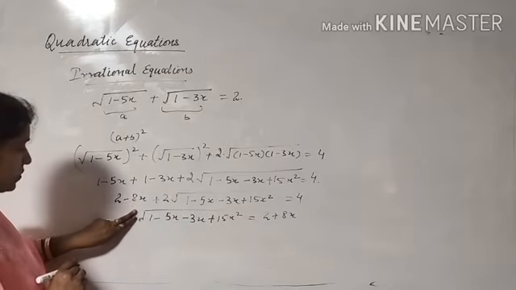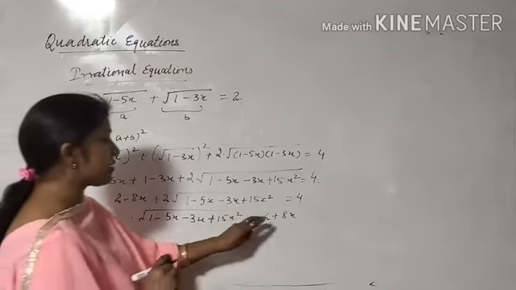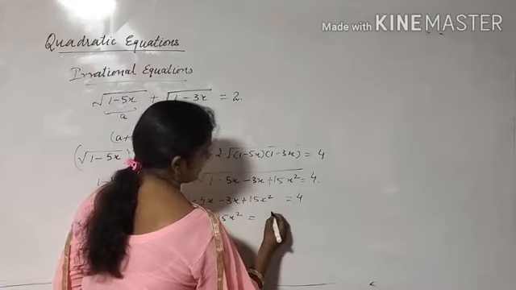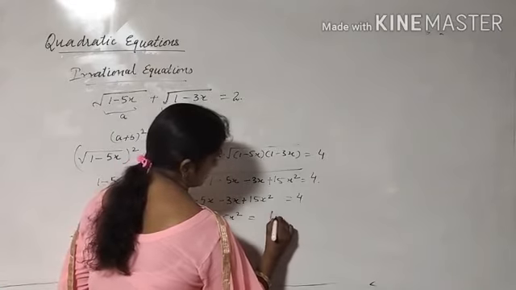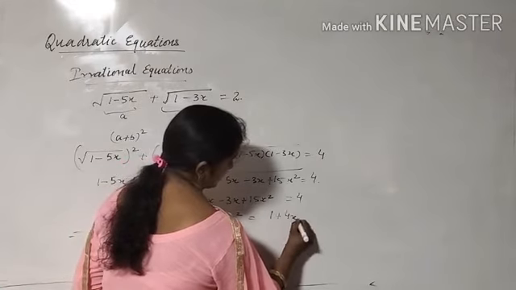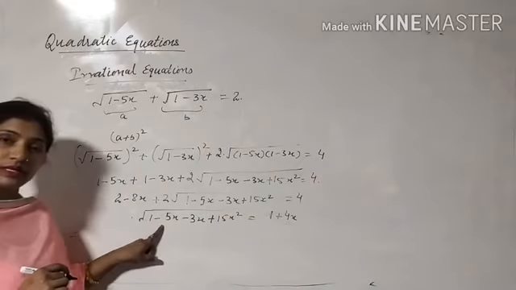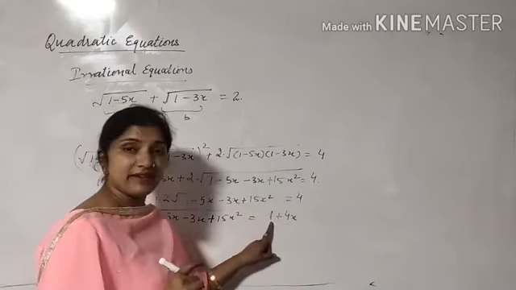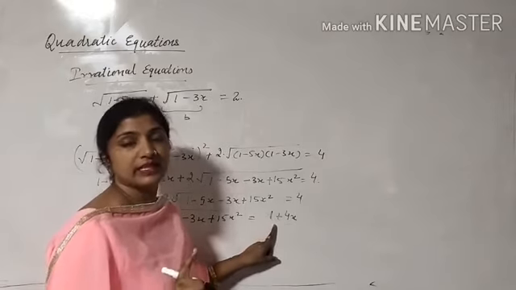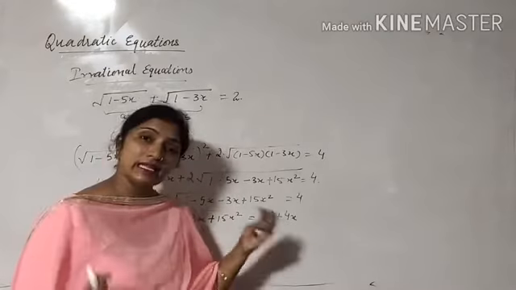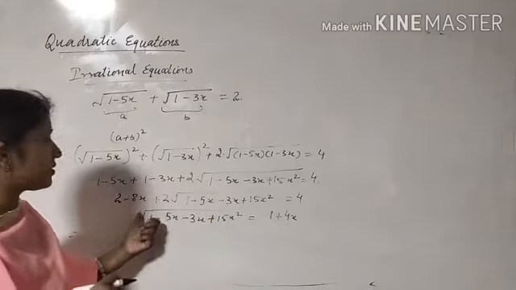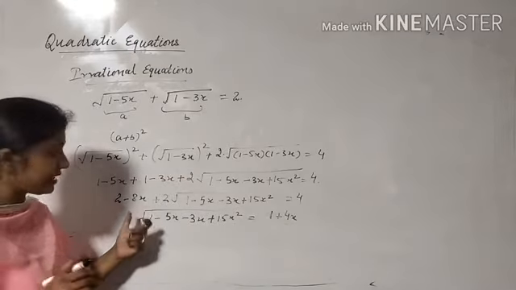So we'll get √(1 - 5x - 3x + 15x^2) = 1 + 4x. Now see, on the left hand side, we have only a square root term, and on the right hand side, we have a linear polynomial.